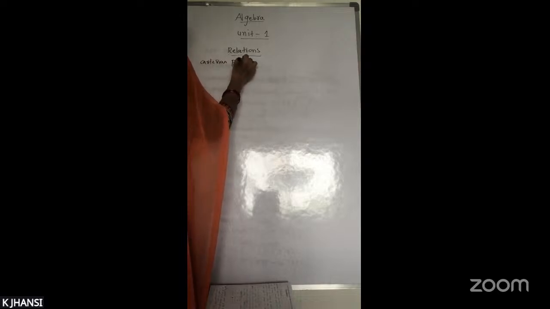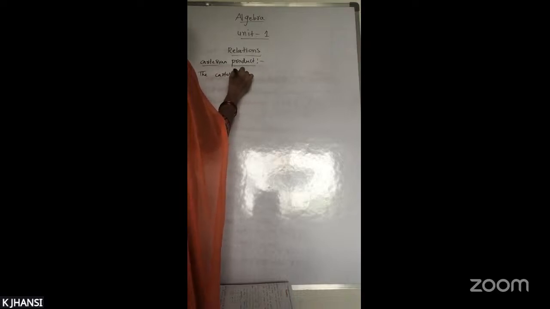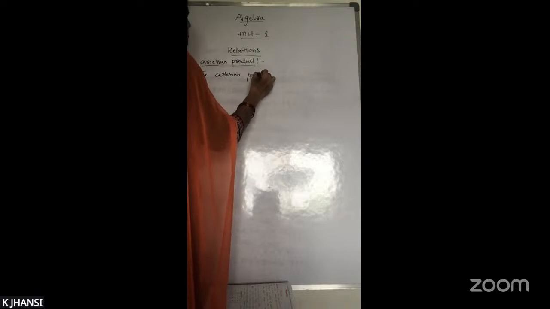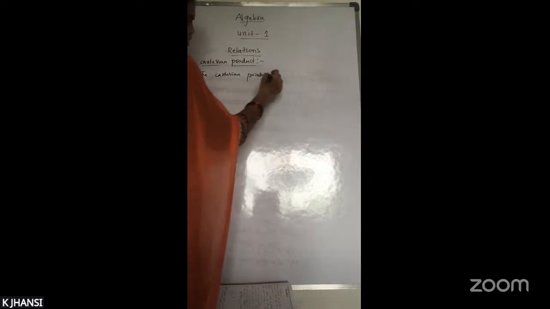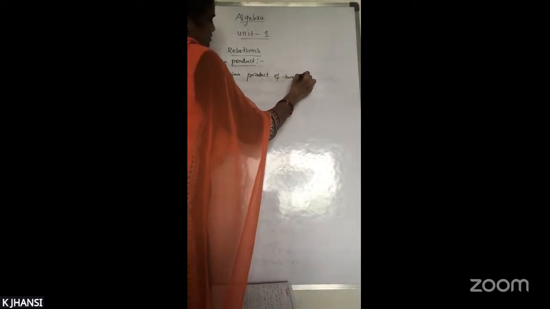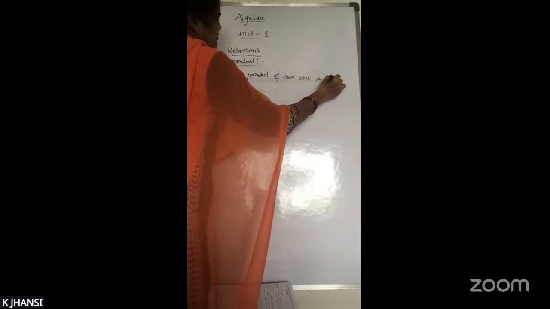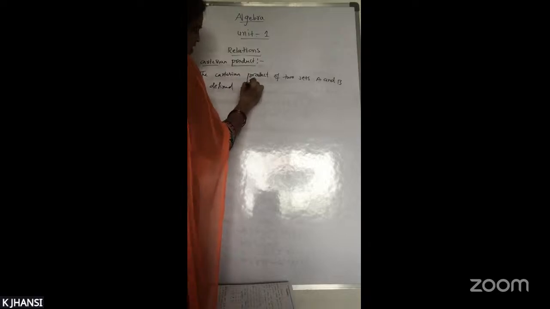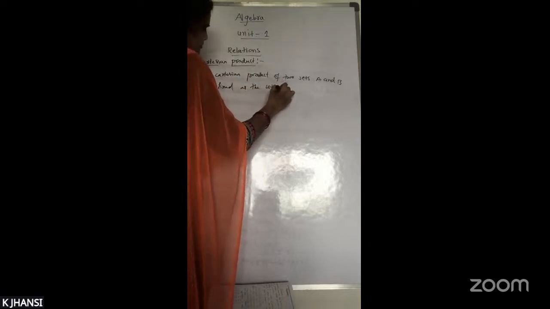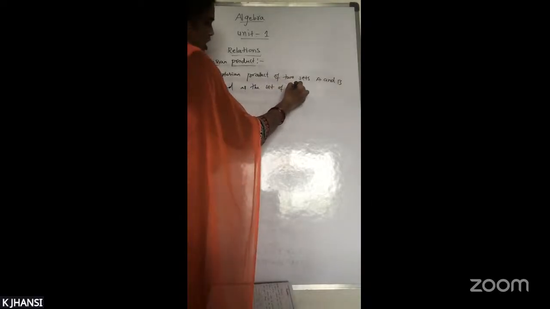Cartesian product means the Cartesian product of two sets A and B is defined as the set of all ordered pairs.